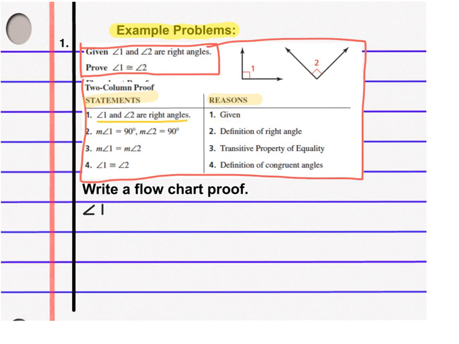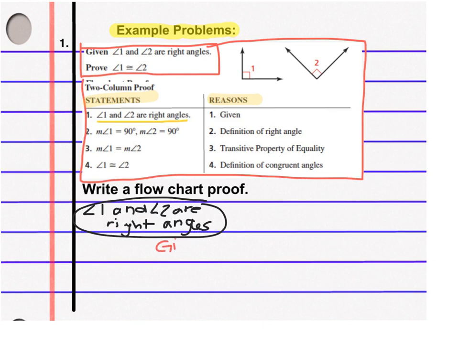So angle 1 and angle 2 are right angles. I'm going to put that in a little bubble. And my reason, I put the reason underneath. The reason is given right here. That was given.